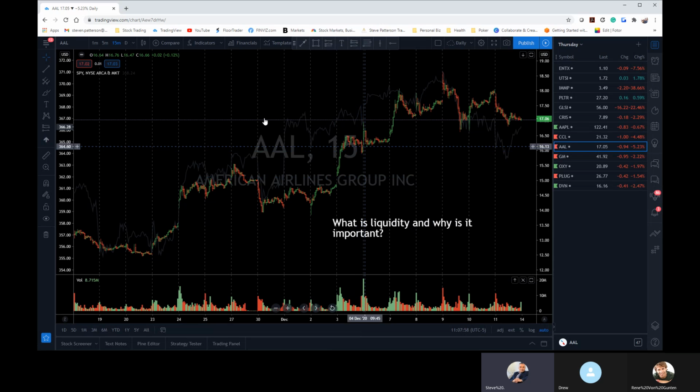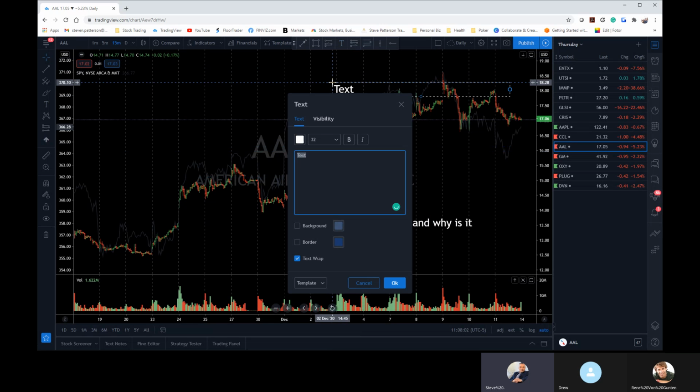How is liquidity created? There's a couple of ways that we can create liquidity. In order to create liquidity, we have to understand what it is.